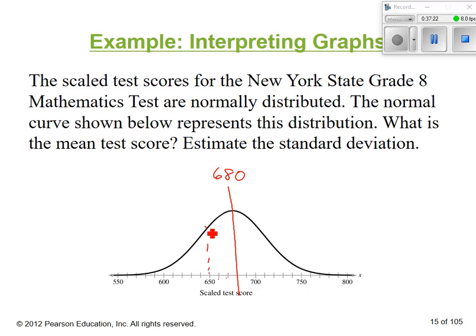So we need to go 30 this way, so that'd be right about there. Then we go 30 more for the next one, 10, 20, 30. Does that make sense for it to be split up that way? That looks pretty good. So maybe the standard deviation is about 30.